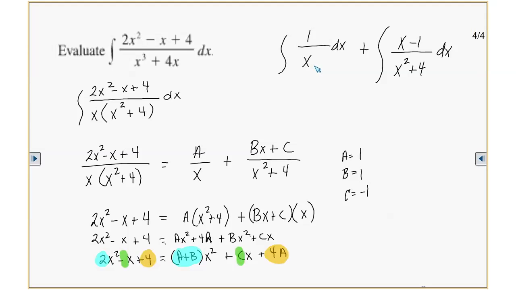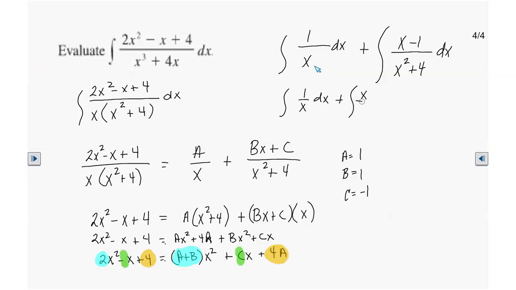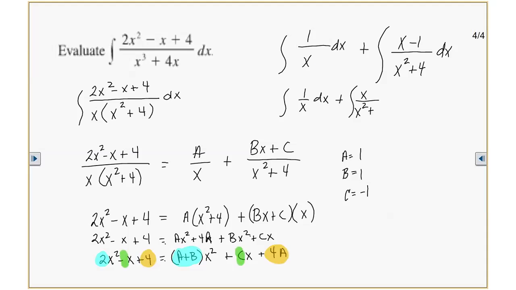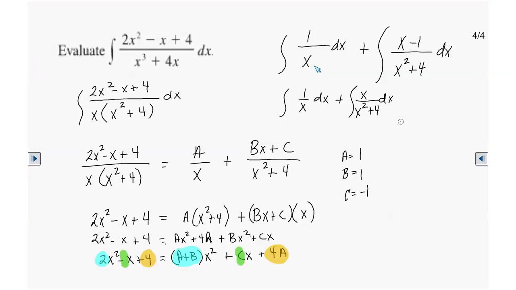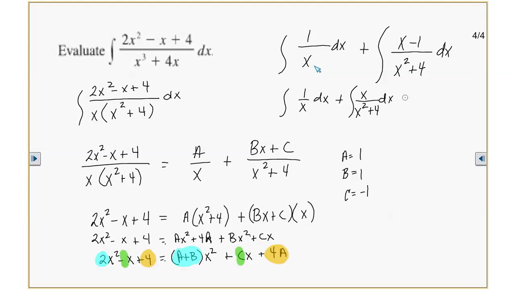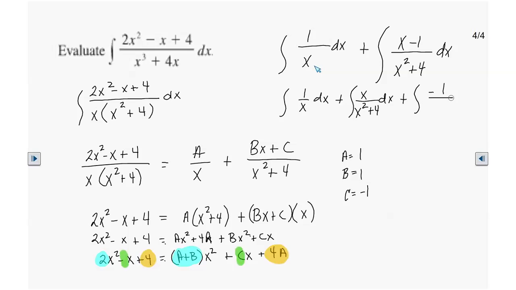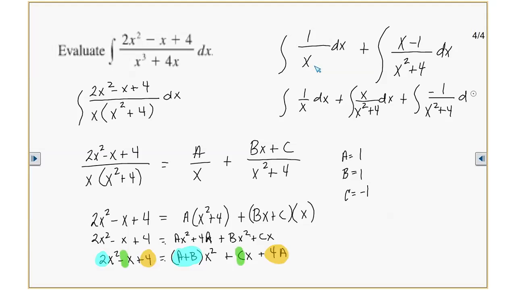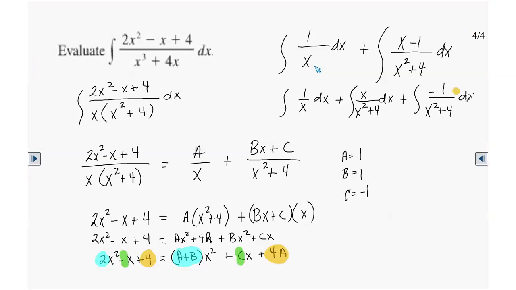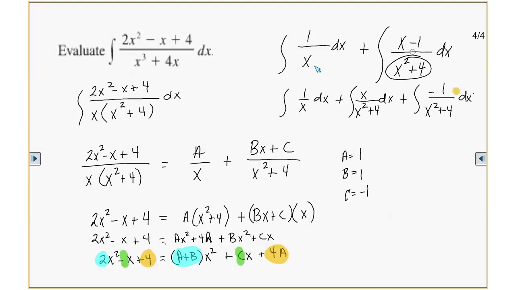And you can break that second one: antiderivative of 1 over X dx, plus antiderivative of X over X squared plus 4 dx, plus the antiderivative of minus 1 over X squared plus 4 dx. That's the same denominator. You can break that up into two denominators, yes.